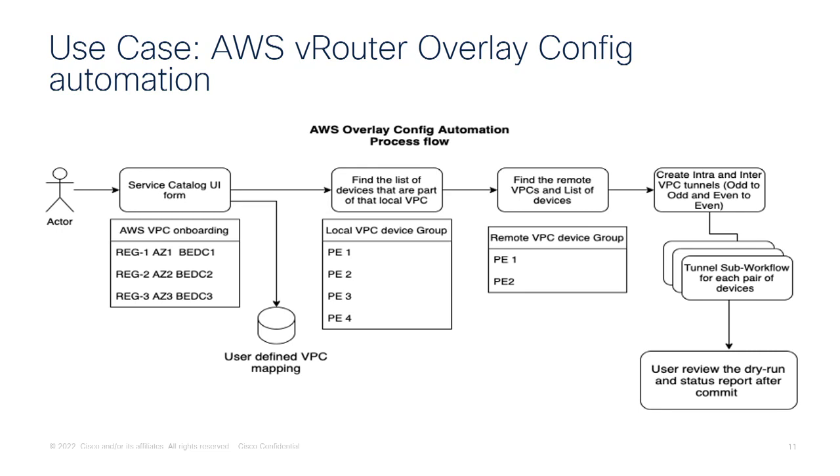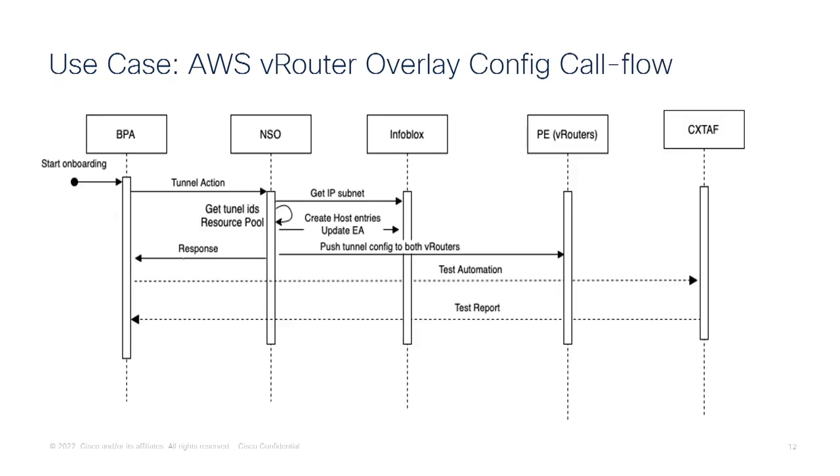This is a high-level flow of that tunnel creation. As you start the onboarding process, we trigger this process automatically through the onboarding process tunnel creation. So NSO gets the tunnel actions, and then NSO does the IP pull from the Infoblox. Each tunnel has, depending on which region it belongs to, a separate container for IP allocation.